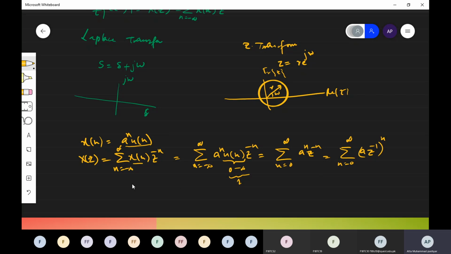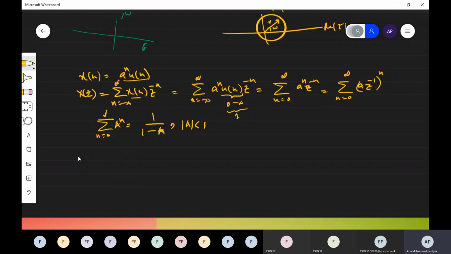Now we know a popular power series summation that exists from 0 to infinity, which is equal to 1 upon 1 minus a, given that a is less than 1. Then our x of z must be equal to 1 upon 1 minus a z inverse, and the magnitude of a z inverse must be less than 1.